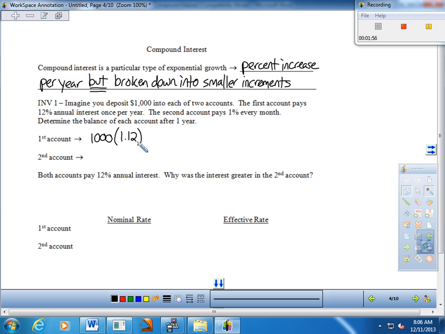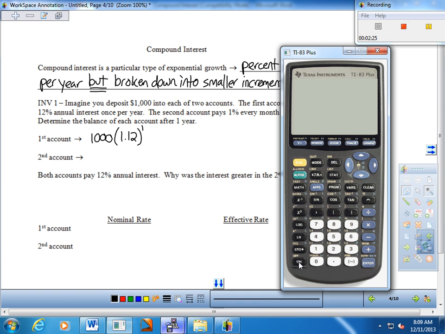Now, if I'm just going to apply this growth factor at the end of 1 year, and I want to find the balance at the end of that year, it looks like I just want to raise it to the first power. So 12% annual interest once per year, and we're going to just see what the balance is after a year. So we're going to only apply this growth factor once. All right, well, I'm going to bring up my calculator here. And let's go ahead and see what we have going.